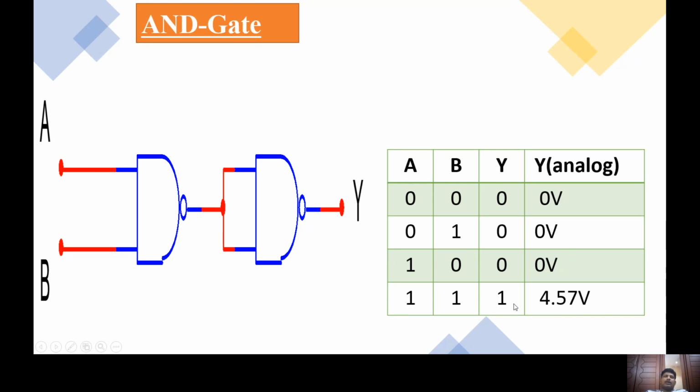So in order to construct an AND gate using NAND gates, how many NAND gates are required here? Two NAND gates are required. So you can select NAND gate 1 and NAND gate 2 on the trainer kit. Consider this as the A input and this as the B input.